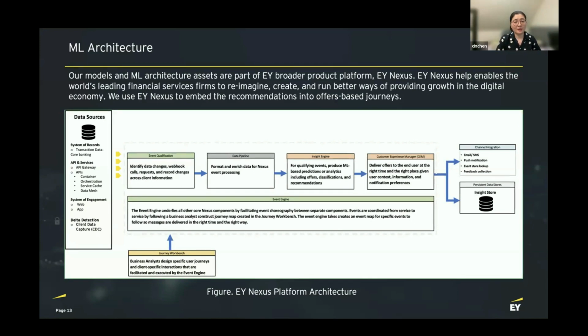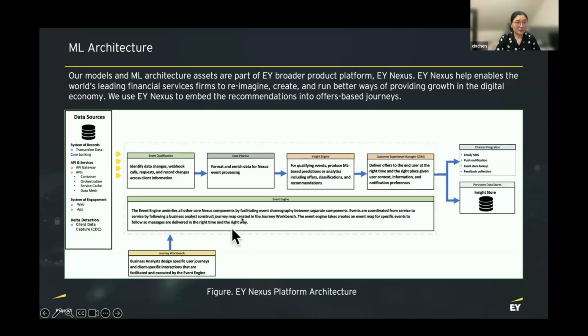It's a cloud-ready and event-driven platform. It's designed to deliver personalized experiences to the user at the right time, through the right channel. And from this diagram, you can see it's built with several ready-to-go services.